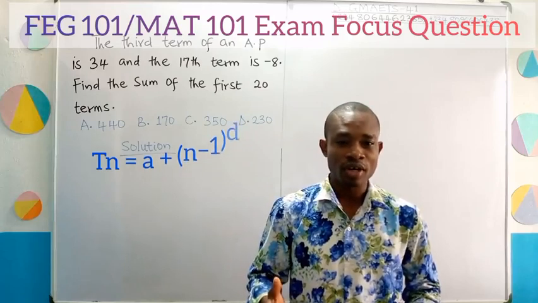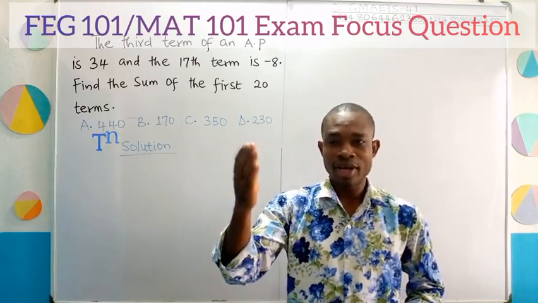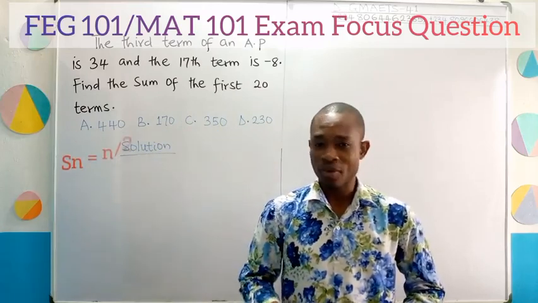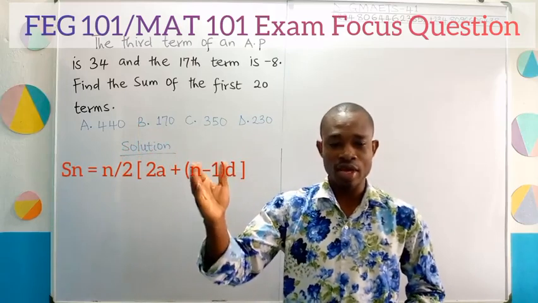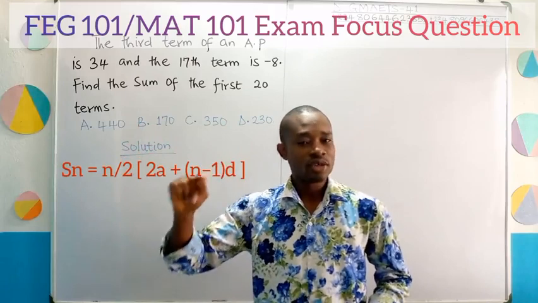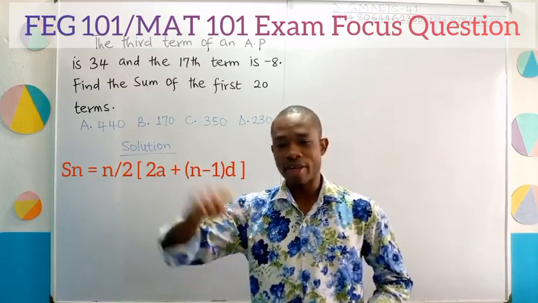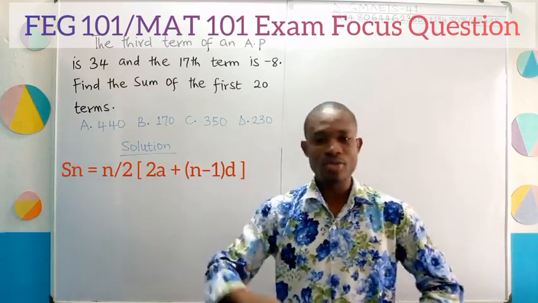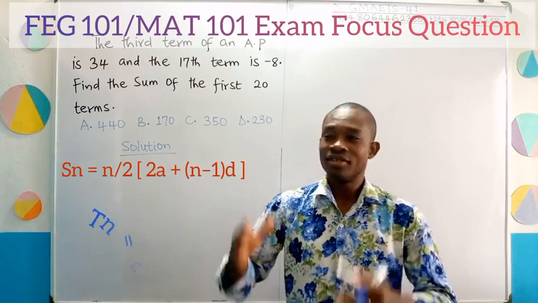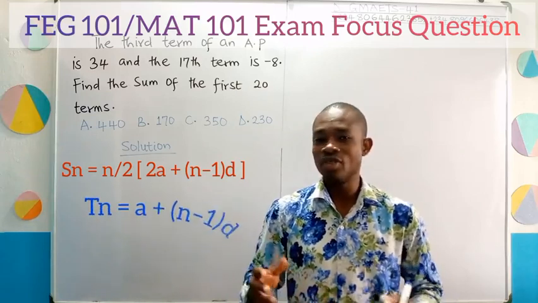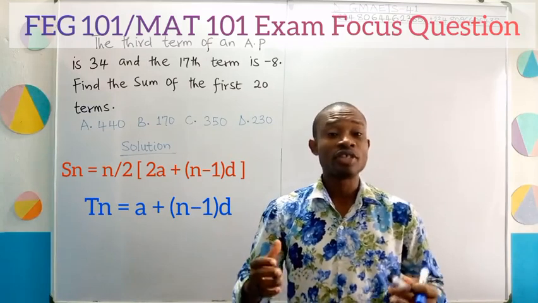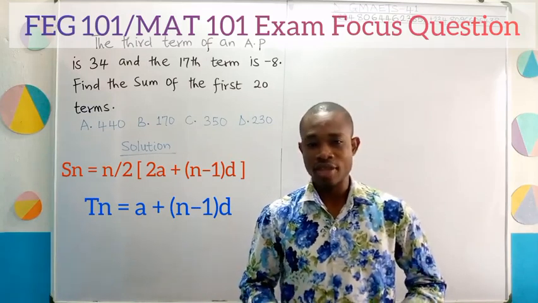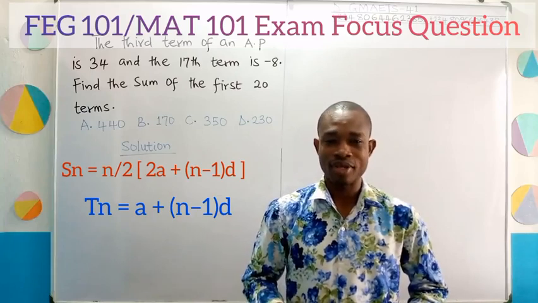We use the formula Sn equal to n over 2, open bracket, 2a plus (n minus 1) times d, then you close your bracket. This formula is just what you need when dealing with the nth term of an AP and the sum of the first n terms of an AP.